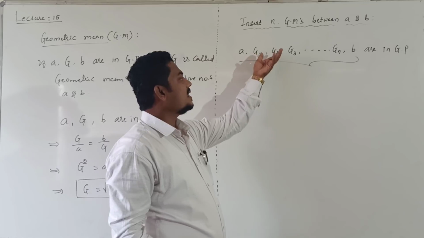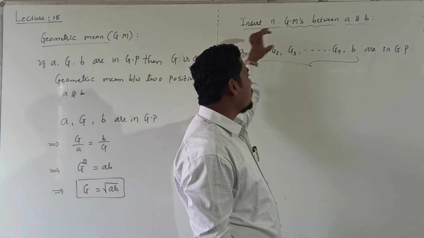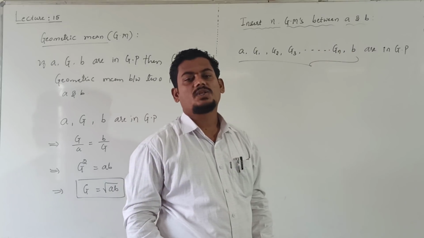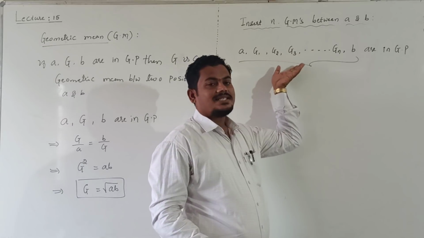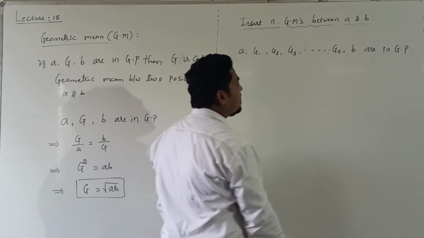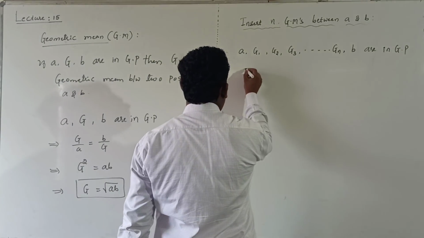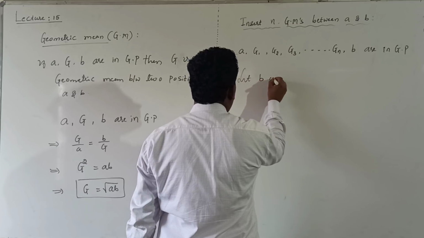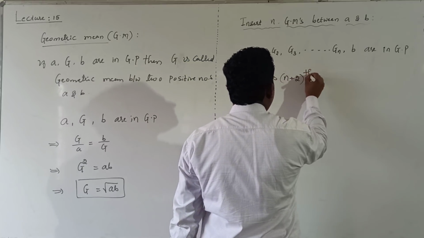Because G1, G2, G3, so on, Gn are n numbers, plus 1 plus 1, that is n plus 2 terms. Then what is the position of B? B is the n plus 2th term.